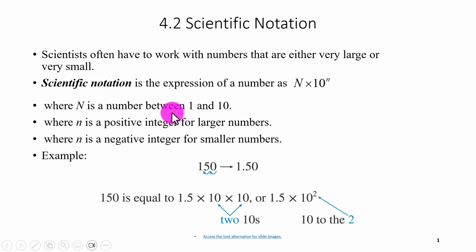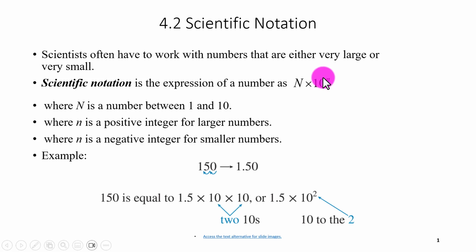It cannot be smaller than 1, so it can't be 0.1, 0.9, 0.8, etc. And it can't be 10 exactly, because I can still move that decimal place by a power of 10. So it can be larger than 1, but smaller than 10. So 1.5, 1.2, up to 9.9, 9.9999, etc., but it can't be 10.